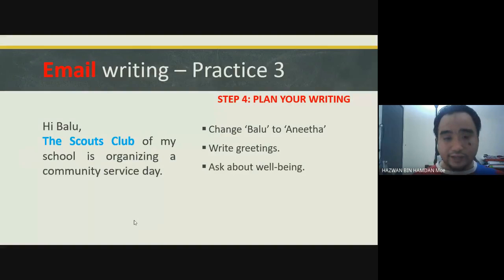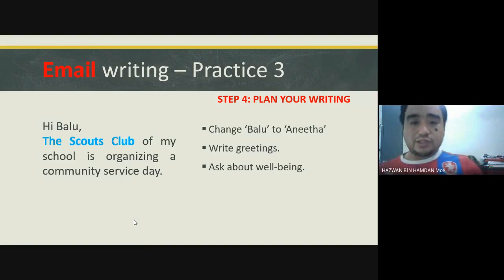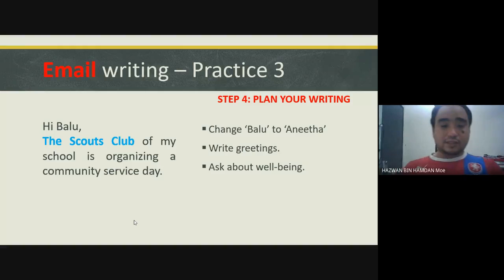When you want to write after this, you can just use the email that has been attached as your guide, jadikan sebagai panduan so that you don't lose track. Tak lari daripada jalan yang benar.